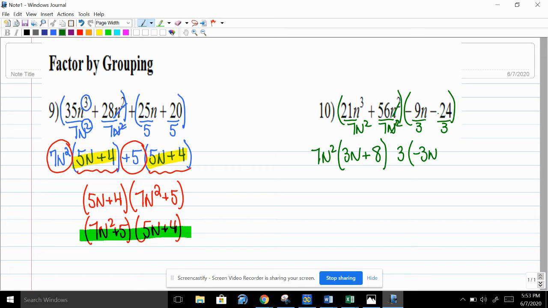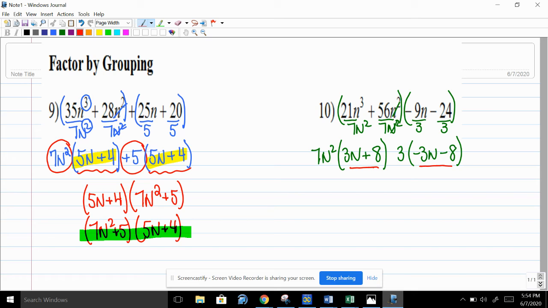The n's got to stay. -24 divided by 3 is -8. So the problem is that on this side we have 3n plus 8. On this side I have -3n minus 8. Very, very close to being the same, but they're not.